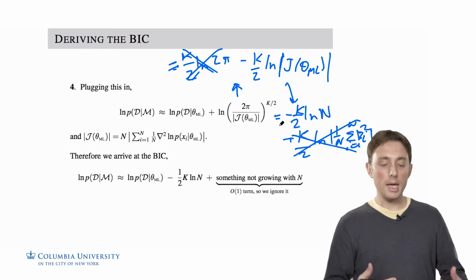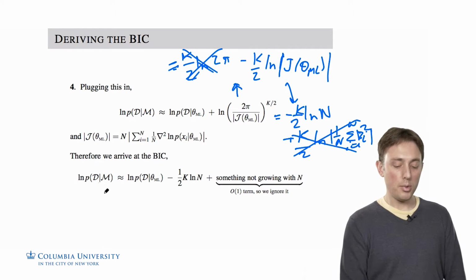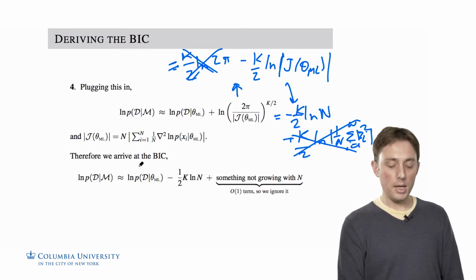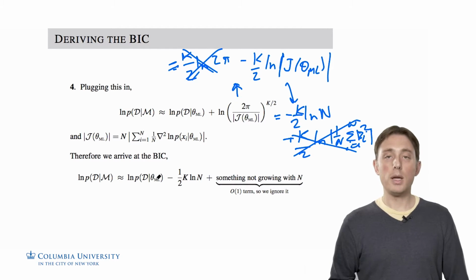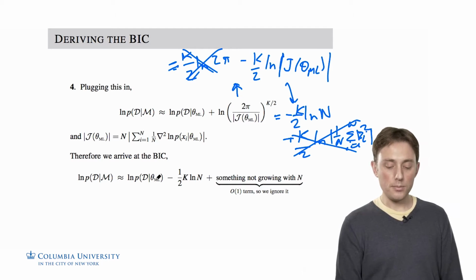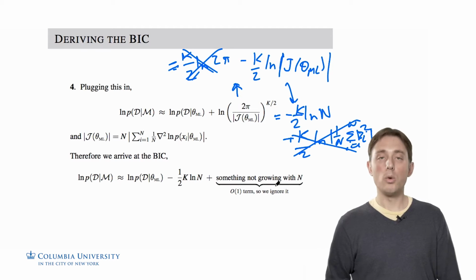So finally, what we've shown, by using the second order Taylor expansion, is that we can approximate the log of the marginal likelihood of a data set given a model choice as being equal to the log of the likelihood of the data set evaluated at the maximum likelihood parameter setting for that model, minus k over 2 times the log n, plus something that's not growing in n, so something that's order 1 in n.